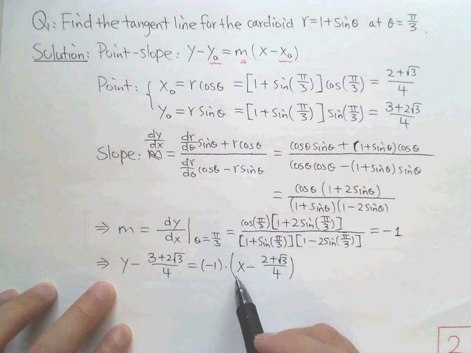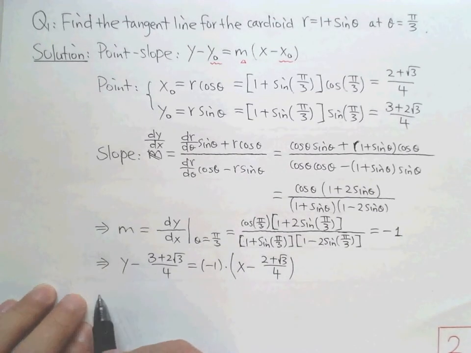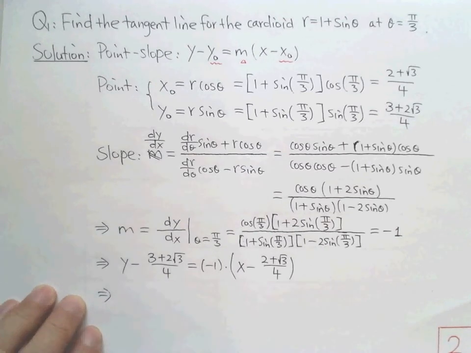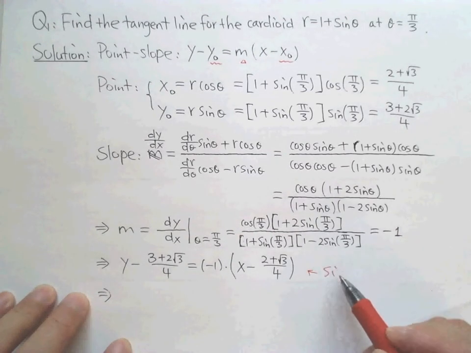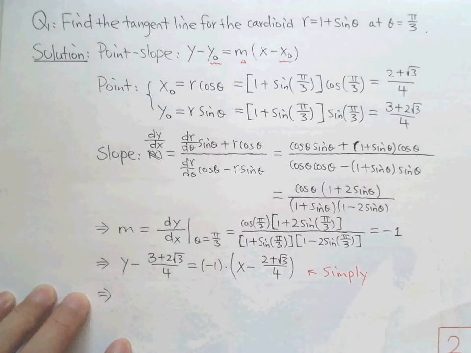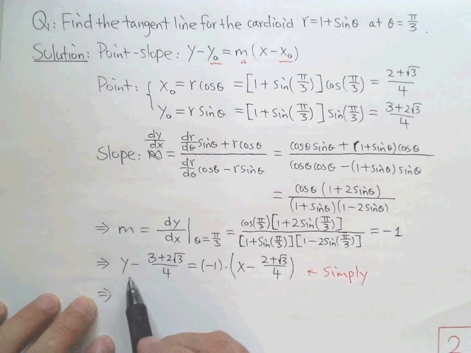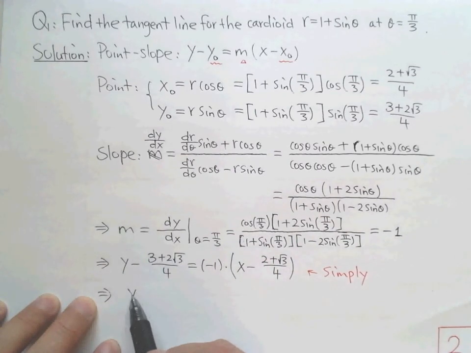So usually we will not stop here because we know we can simplify, right? Okay, we can simplify, so move this to the right. So we get another form that we're going to simplify.